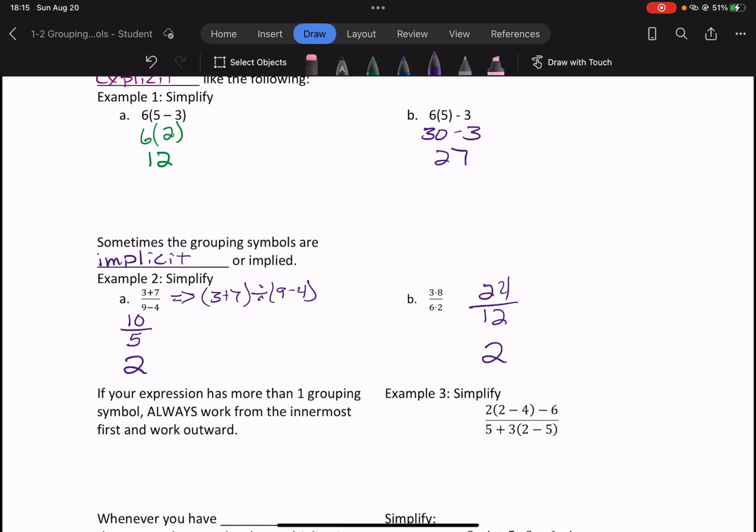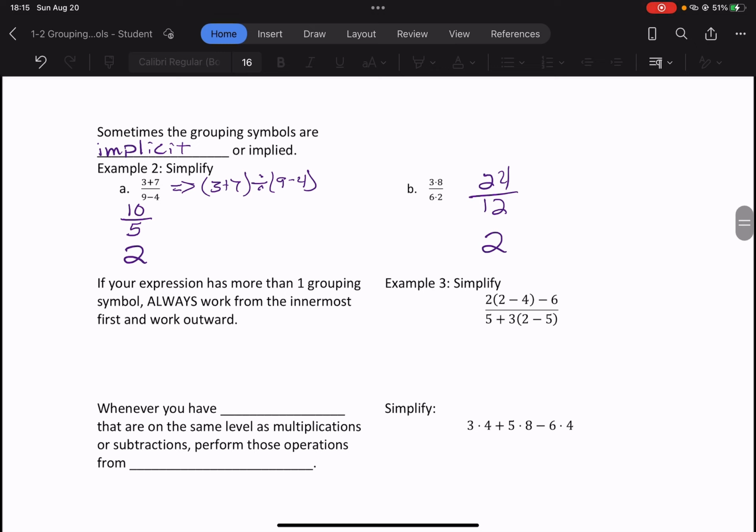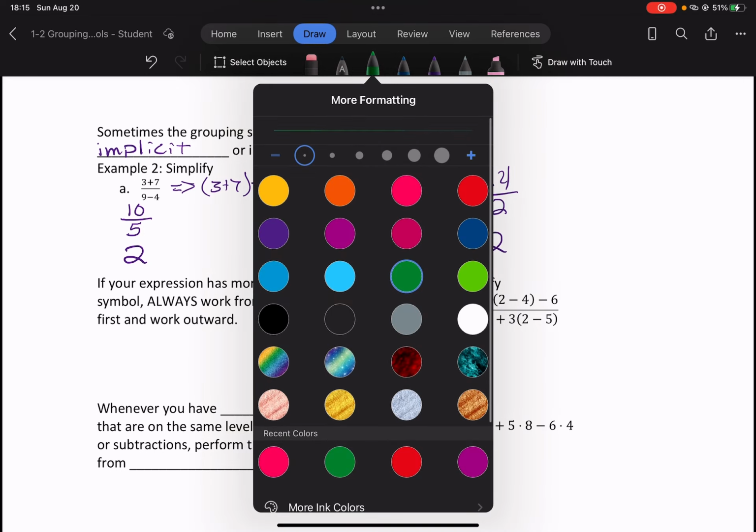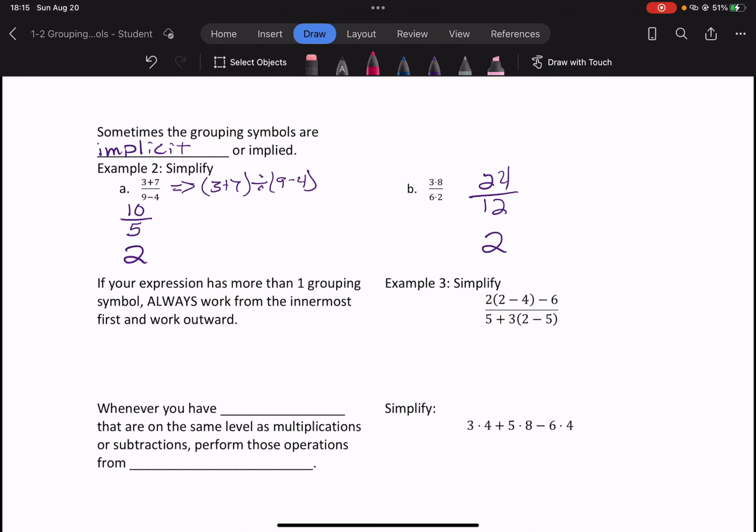If I have more than one, notice I've got 1, 2 in the top, 3 and 4 in the bottom. So this one has 4 grouping symbols. I want to work this one together because it's a little bit more difficult. The first ones we work out are the inside ones, so we want to work out this one and this one first.